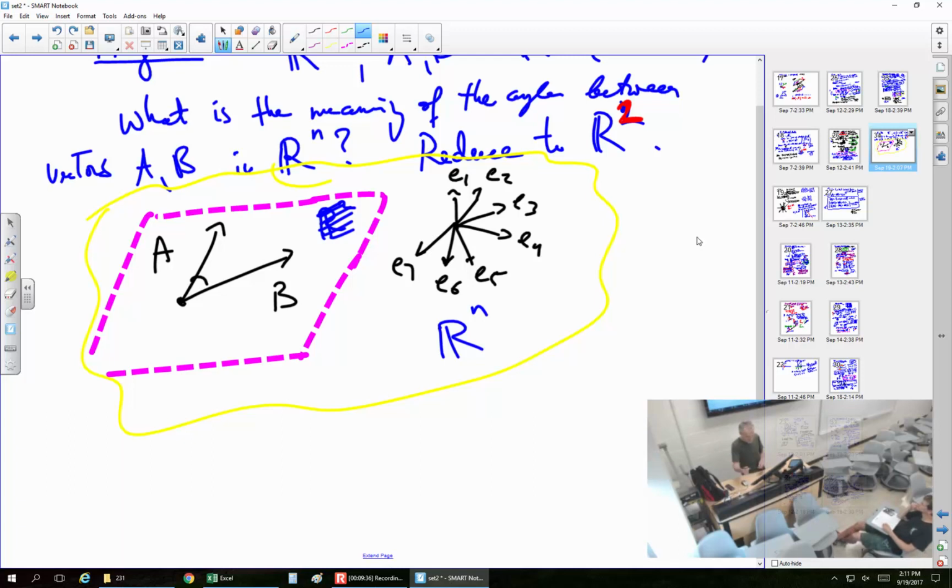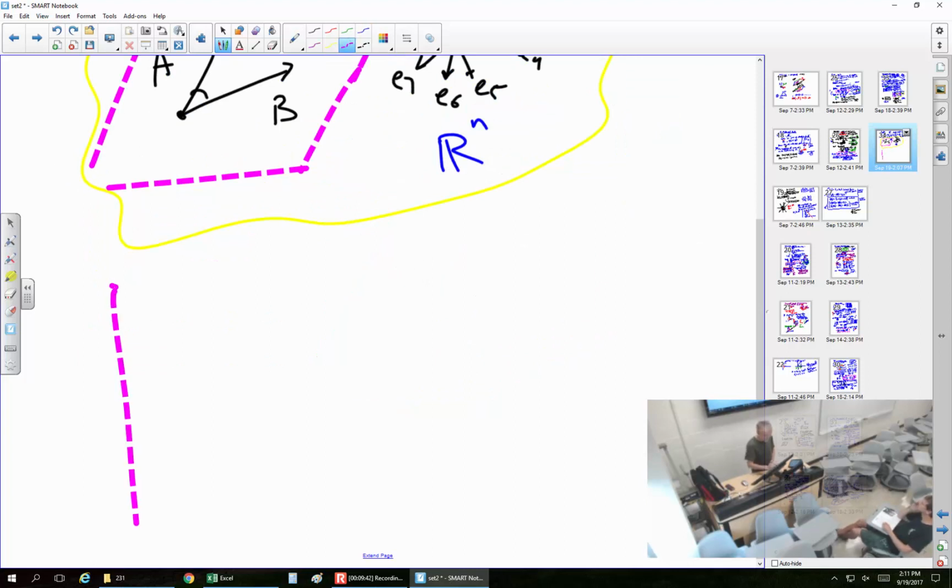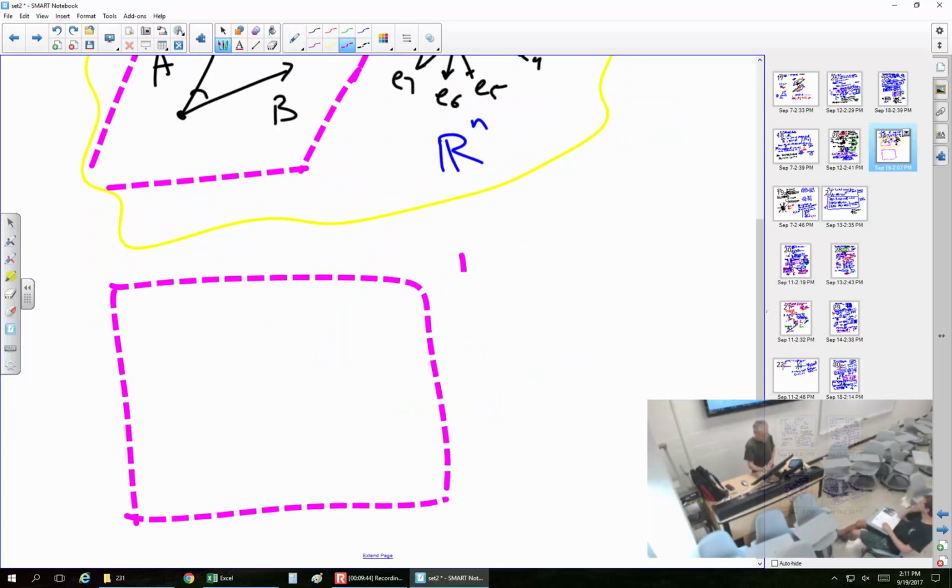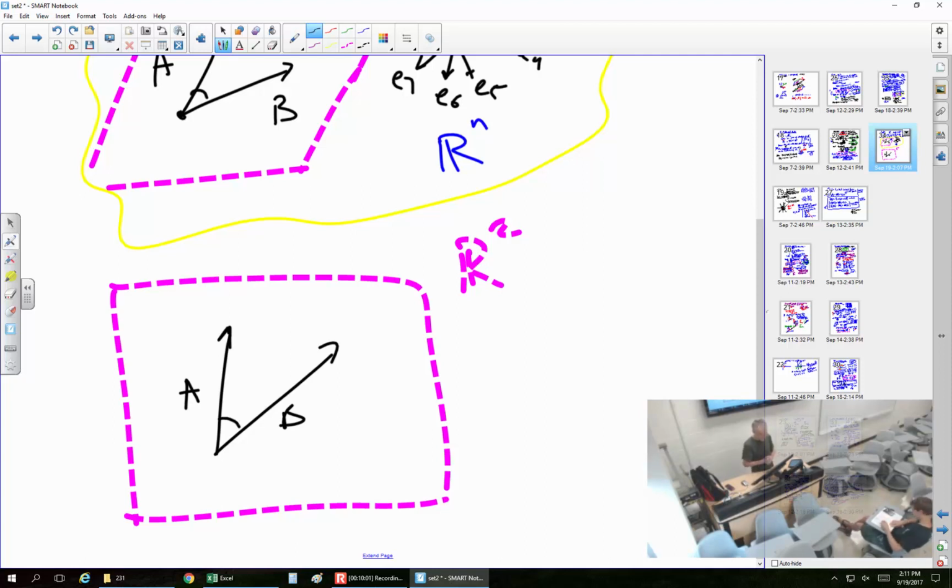Practically speaking, suppose we are now within that plane. This is our plane now, and there is nothing else. This is our R2, and we have our vectors A and B right here. We don't have to do anything else. So the angle. What Euclidean geometry should we use here?